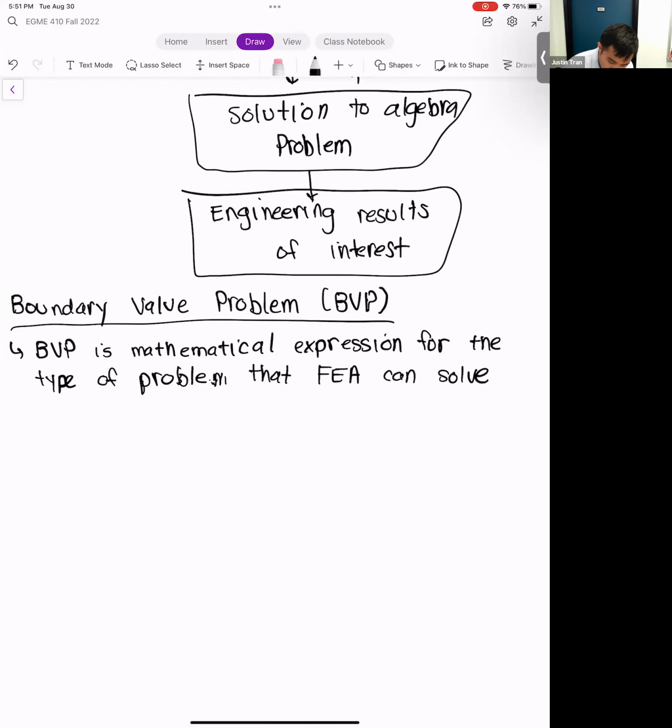What that's saying is that for every FEA that you do, even in ANSYS, there's an underlying math problem, and that math problem is a BVP. And intuitively, I think the easiest way to think of a BVP is that it consists of basically a physical situation with real physics and a physical boundary.